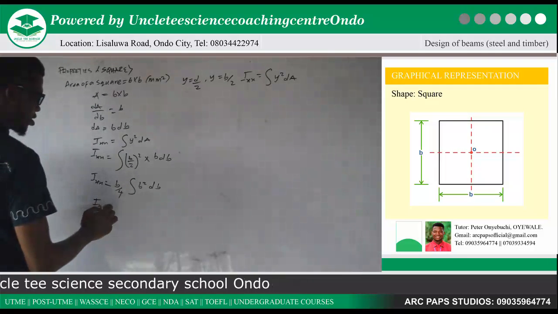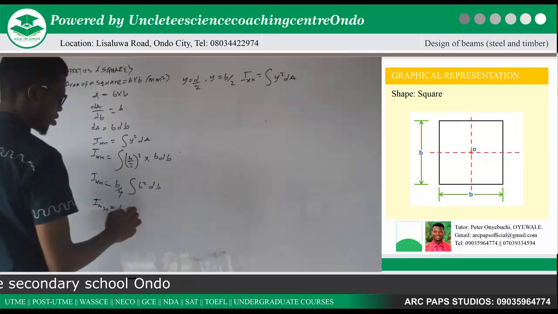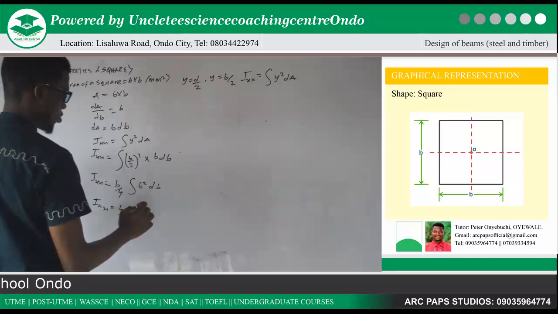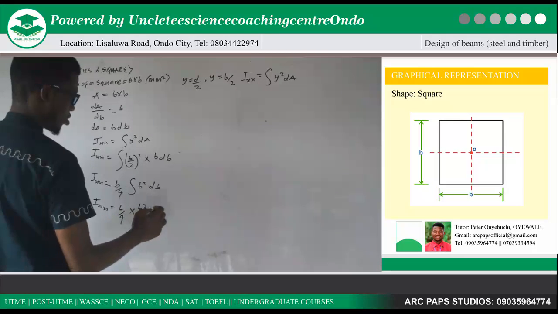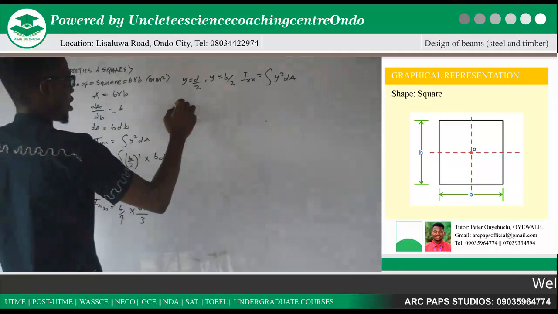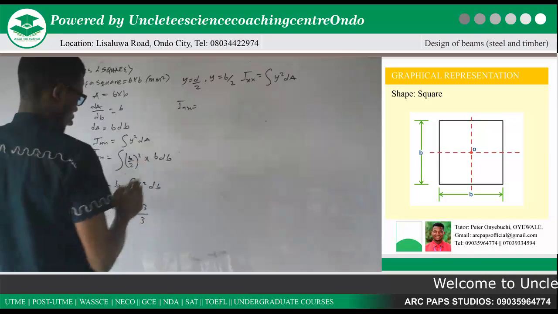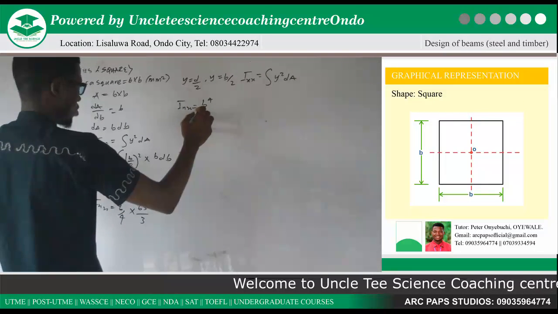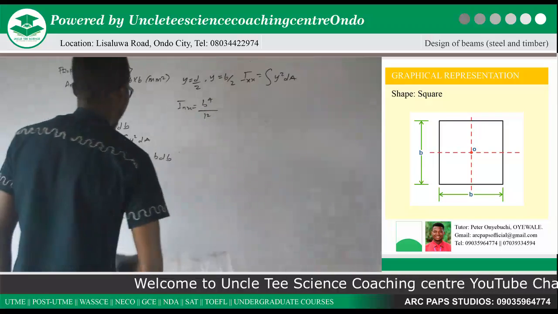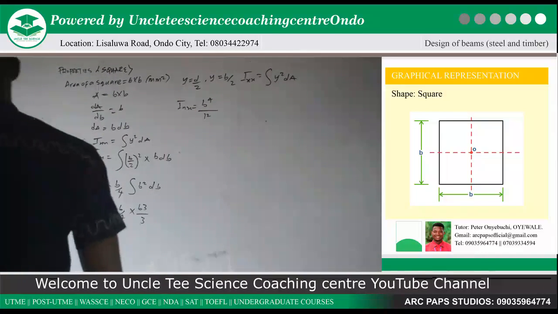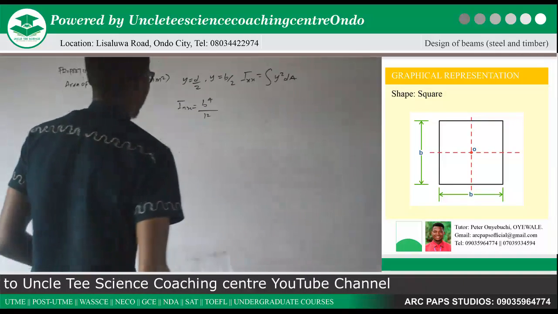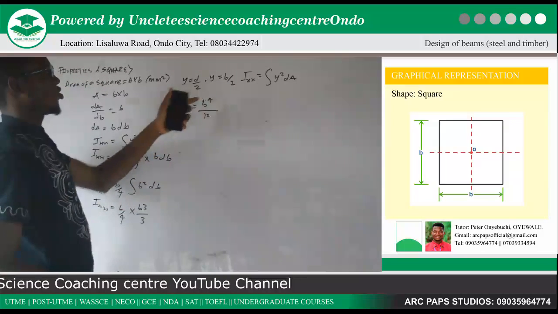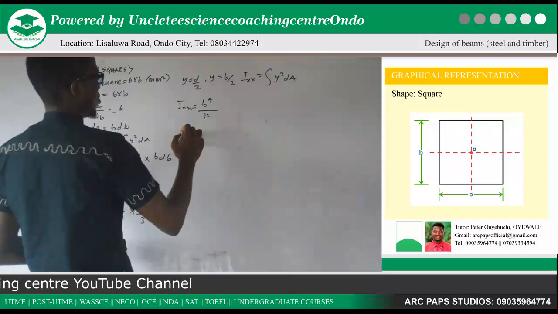Now this gives us our Ixx to be b over 4 times, when you integrate b squared you get b raised to power 3 divided by 3 plus an arbitrary constant because it's an indefinite integral. Now our Ixx will give us b times b raised to power 3, which is b raised to power 4, over 4 times 3, which is 12. So it means that the moment of inertia for a square section is b raised to power 4 divided by 12.